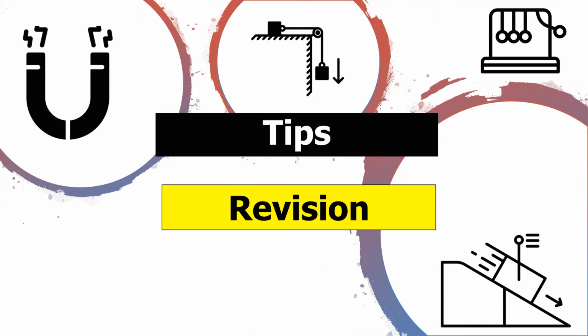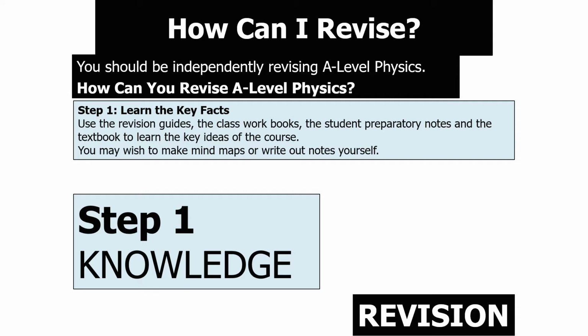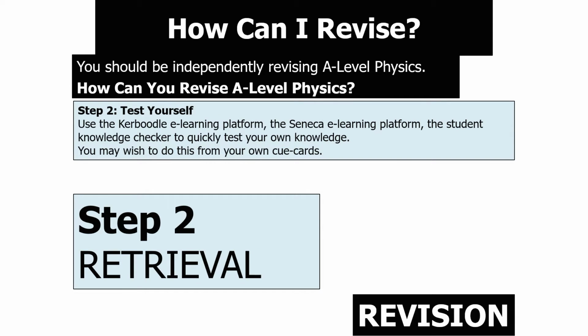So how should you be revising for A-Level Physics? The first thing to do when you're revising independently is learn the key facts. Use revision guides, the class workbooks, the student prep notes, and the textbook to learn the key ideas of the course. You might wish to make mind maps or write out notes yourself. The second step is to test yourself. Use things like Caboodle, Seneca, and knowledge checkers to quickly test your own knowledge, and you might wish to do this from your own cue cards.